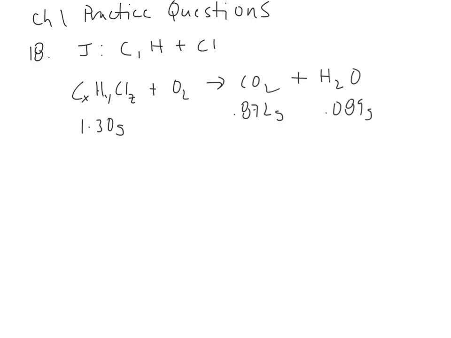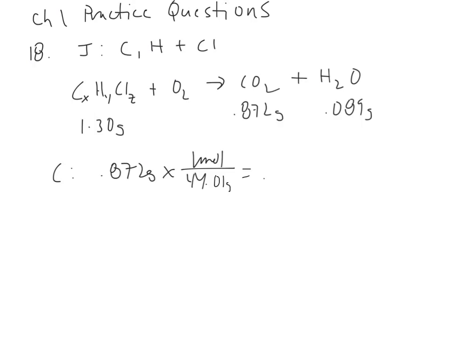So since I have 0.872 grams of CO2, I can find out more about my carbon. Take the 0.872 grams, change that to moles of CO2, because remember CO2 is 44.01.